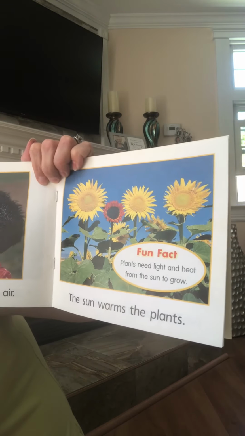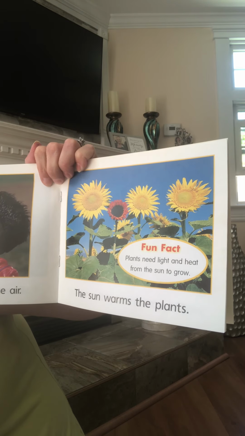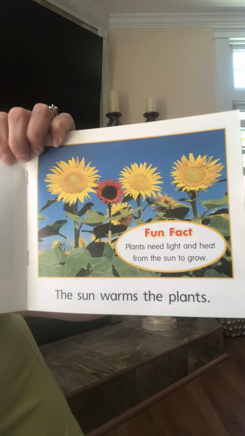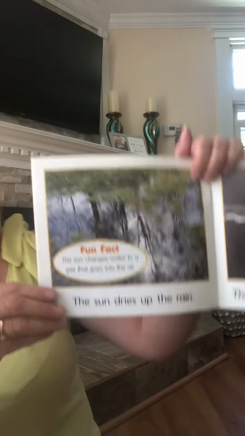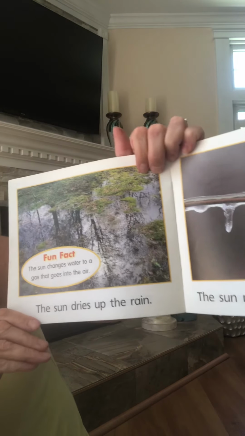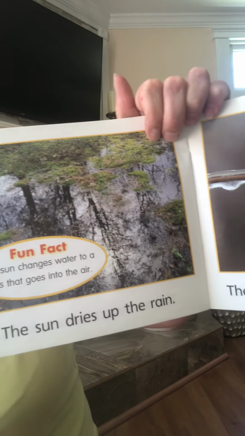The sun warms the plants. Plants need light and heat from the sun to grow. Wow, so there's another detail about the sun, that plants need it to grow. The sun dries up the rain. The sun changes water to a gas and it goes up into the air.